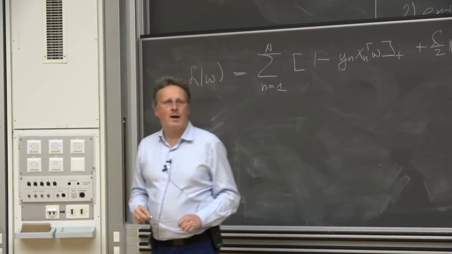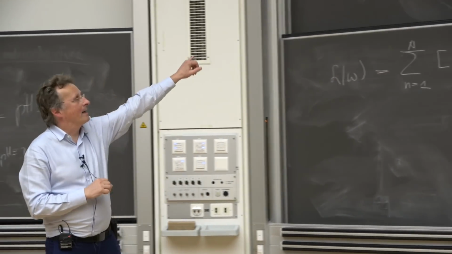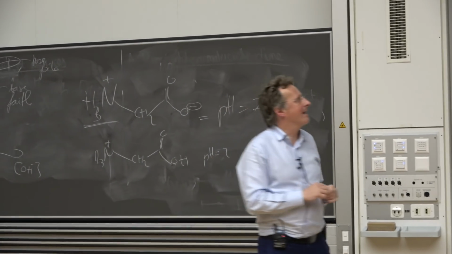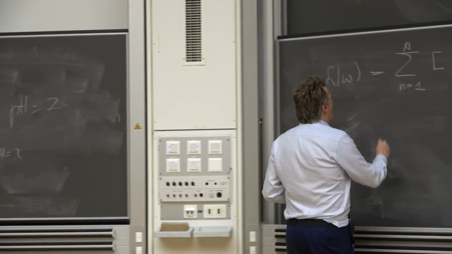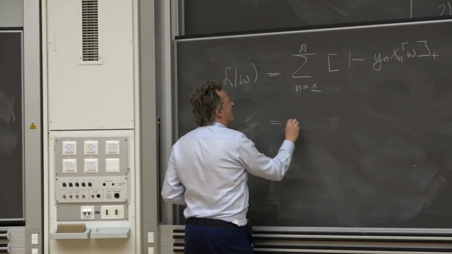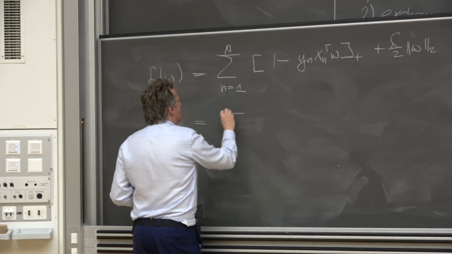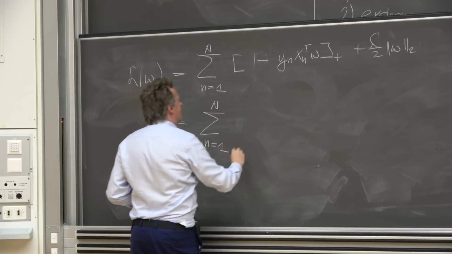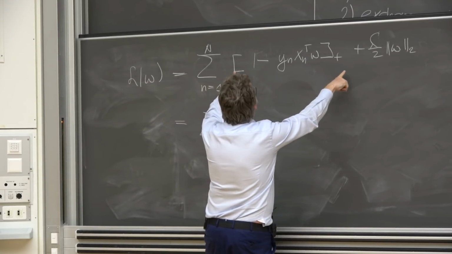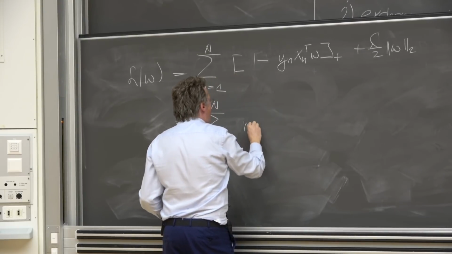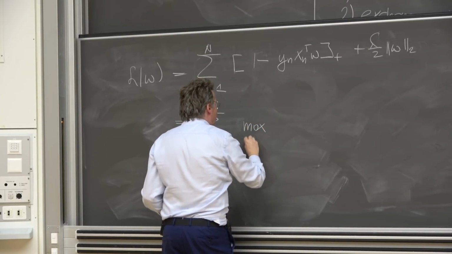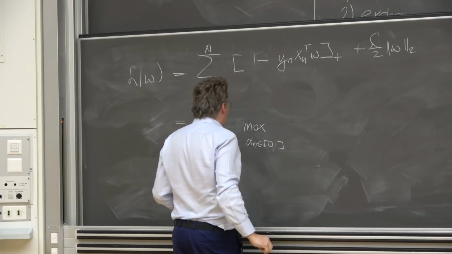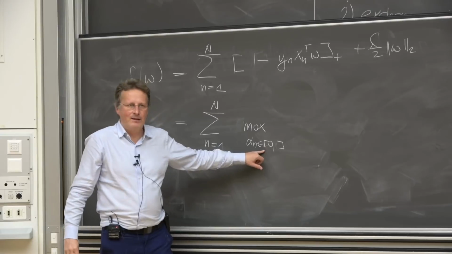Now we already saw how we can write this max function between 0 and that as an optimization. So we can also write this as the following. Instead of this plus, we just write this as the max over alpha n in 0 and 1, so each of them gets its own alpha value here.